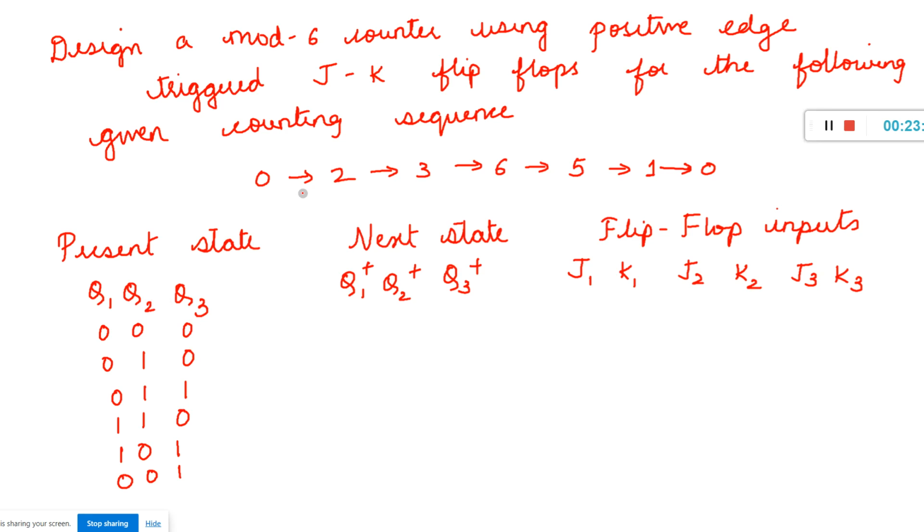After 0 what do we have? 2 we have, so write 2 here. For 2 what is the next state? 3. For 3 what is the next state? 6. For 6 what is the next state? 5. For 5 what is the next state? 1. For 1 what is the next state? 0. So did you understand this? How to write this?